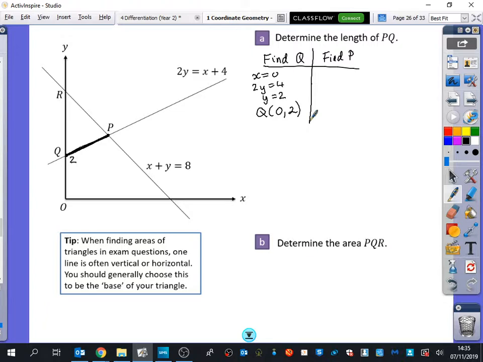Think to yourself, I'm going to ask what they say. How do you find P in the picture?